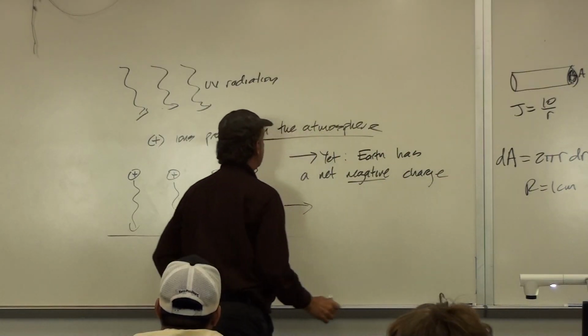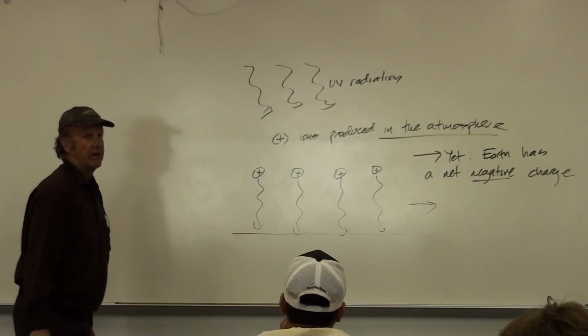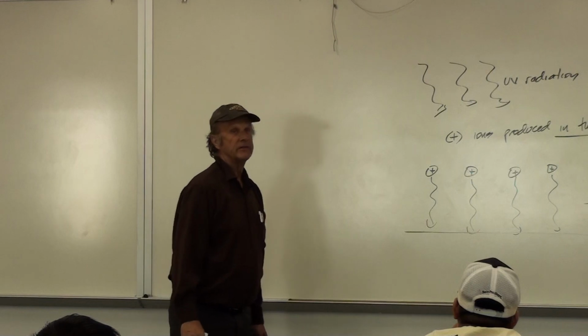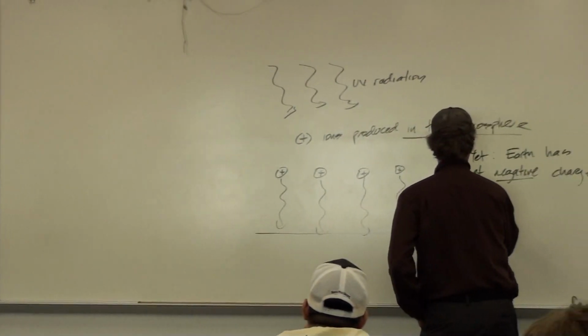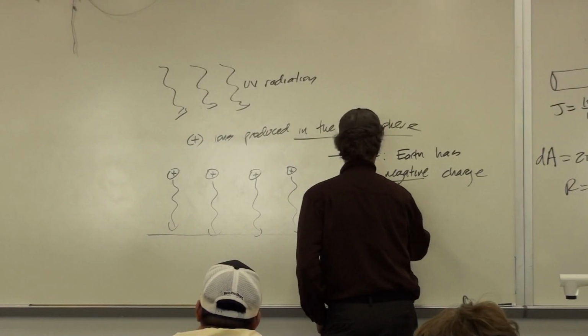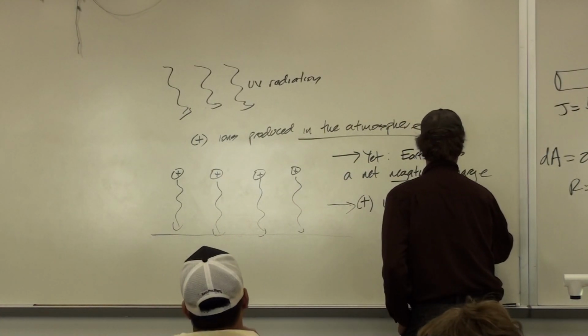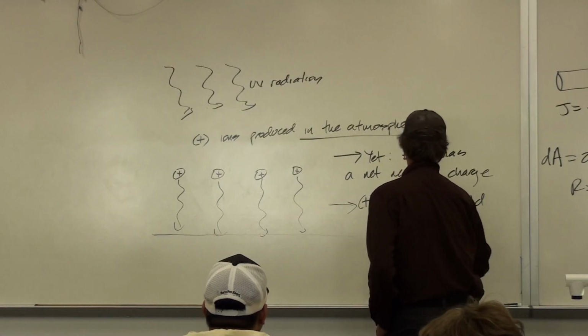Not only that, but at the rate at which we calculate the positive ion flow to take place, it should cancel out the negative charge in about 45 minutes, and then you'd reach some equilibrium positive value.